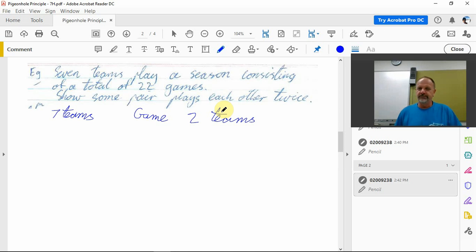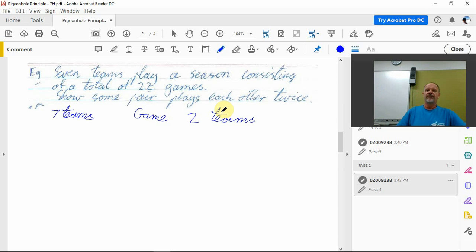Now, some pair plays each other twice. So we're looking at Storm plays the Raiders is the same as the Raiders playing the Storm. The order is not important. So this is a combination.